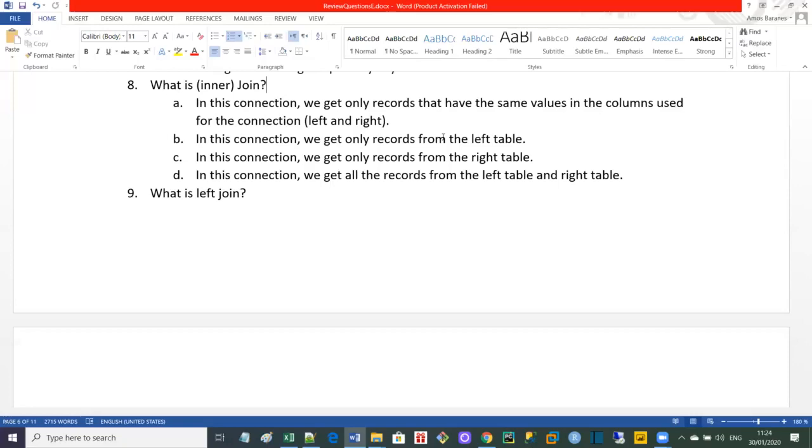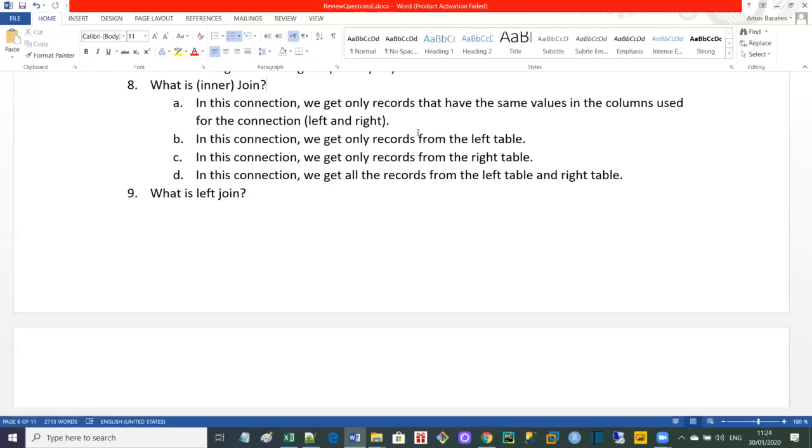Therefore, if I have a table A with 100 rows and table B with, let's say, 150 rows, but only 80 rows in table A and 80 rows in table B have the same values in the column that we're joining them on, only 80 rows will be shown in the results of the query, okay?